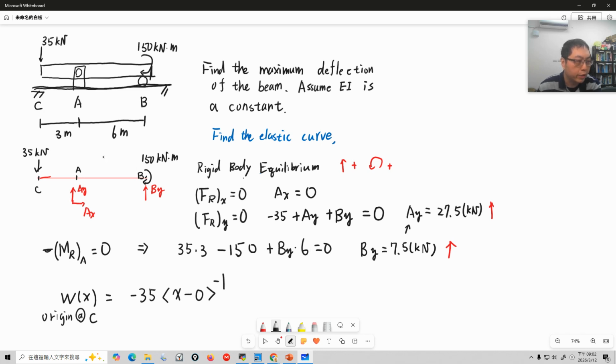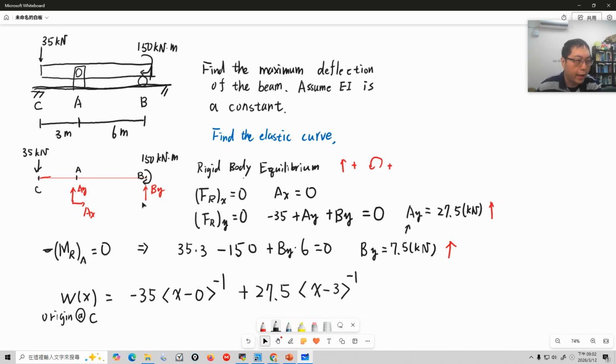The next one is the force AY pointing up at position A, so it's 27.5, also a concentrated loading, starting at x equal to 3, so x minus 3 to the power -1.